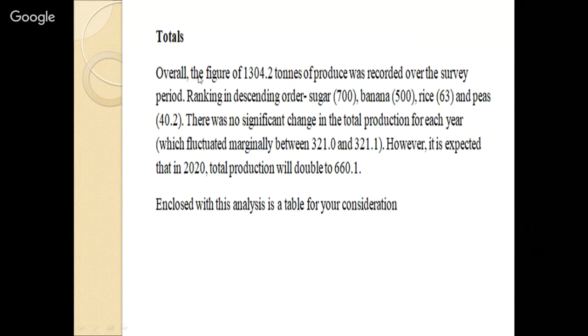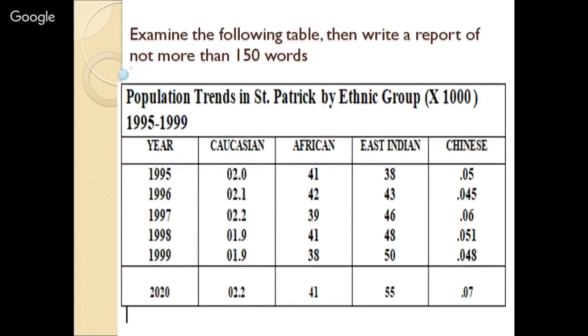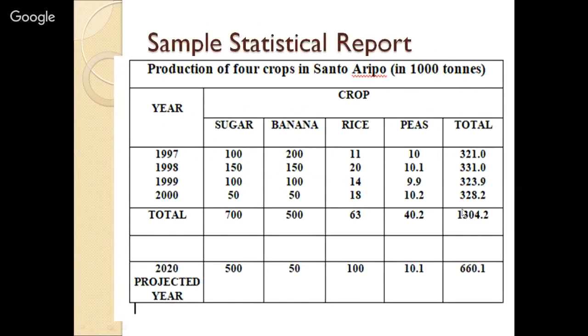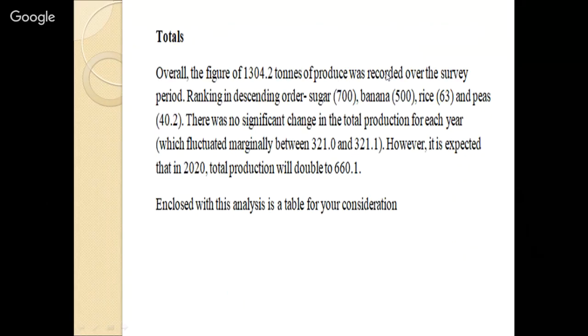So overall the figure of 1304.2, and this is seen here. Just to make mention for those who are wondering where that figure came from, tons of produce was recorded over the survey period.